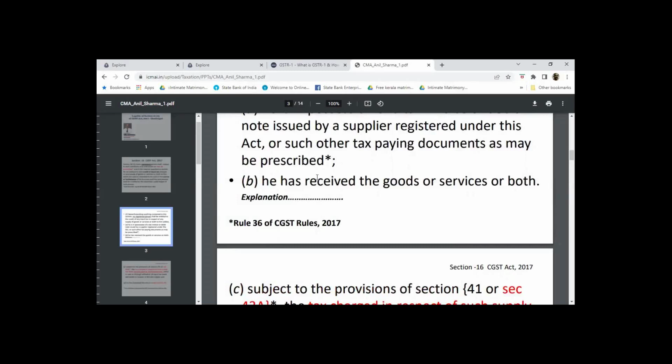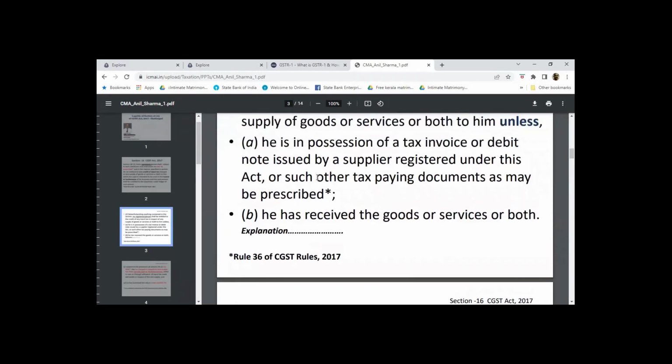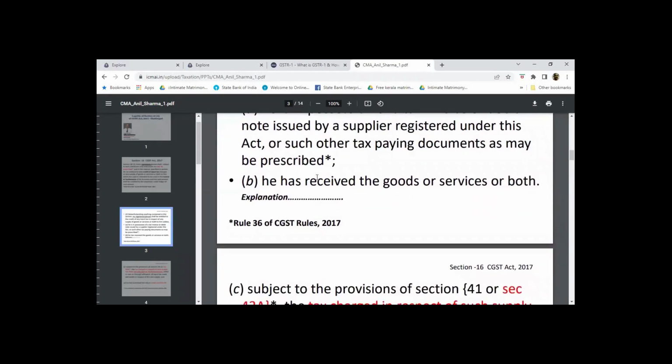Section 16 subsection 2 clause B means that there are 5 clauses in Section 16 subsection 2. The fulfillment of these clauses only makes the taxpayer eligible to take the ITC.